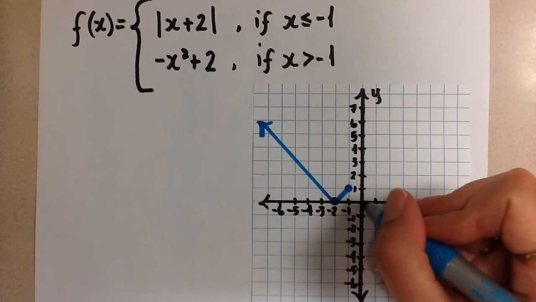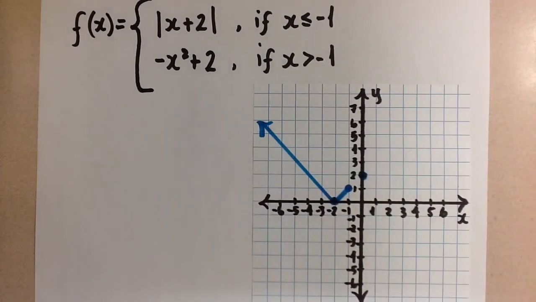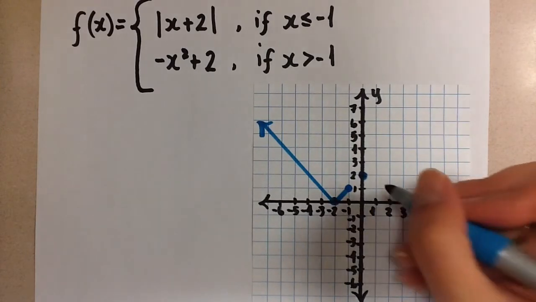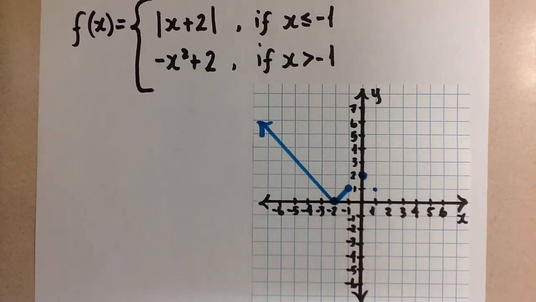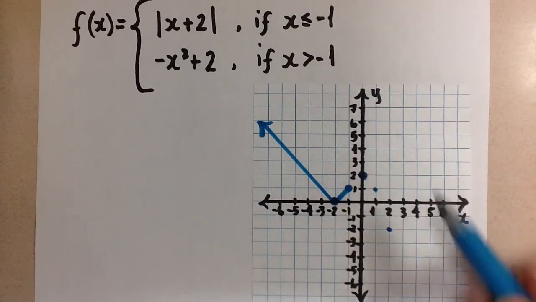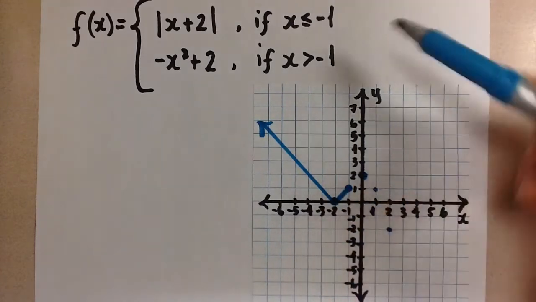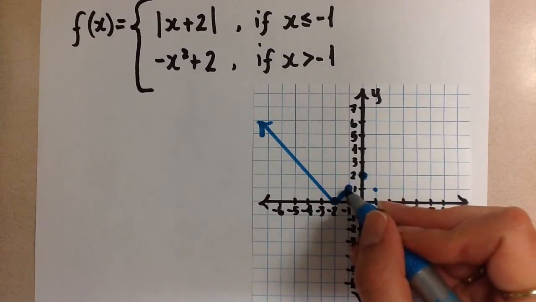So the vertex goes from here to here so that we can see what it looks like. And then we'll have this point to help us see the graph that's going to form, and then this one, and so on to the right.